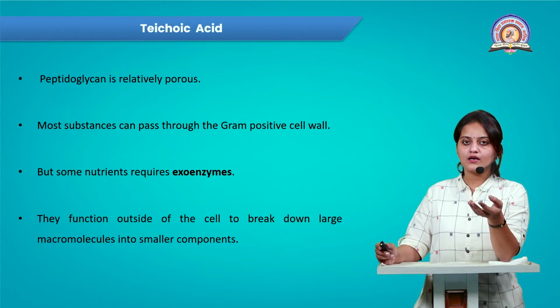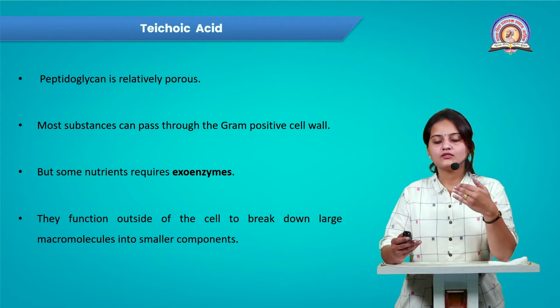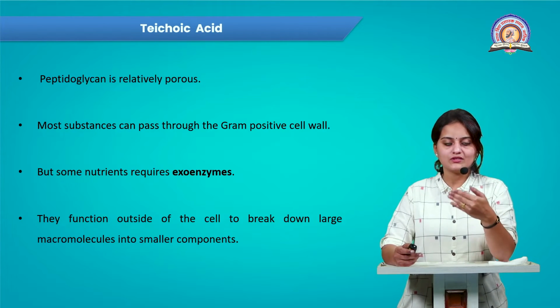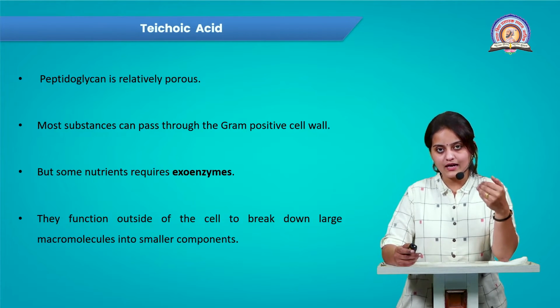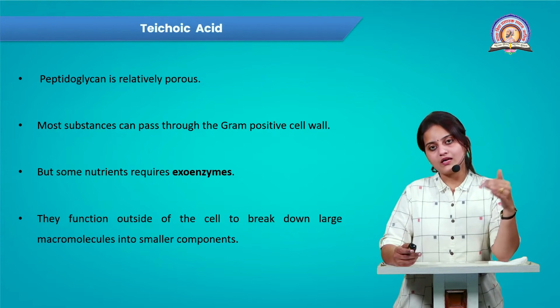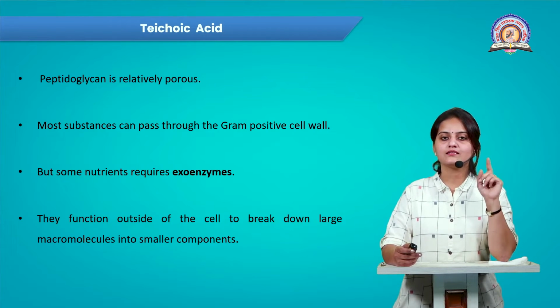Every component has its own limitation. In the same way, peptidoglycan also possesses such a limitation: a molecule larger than the pore doesn't pass through it. At that time, bacteria must synthesize the enzyme.